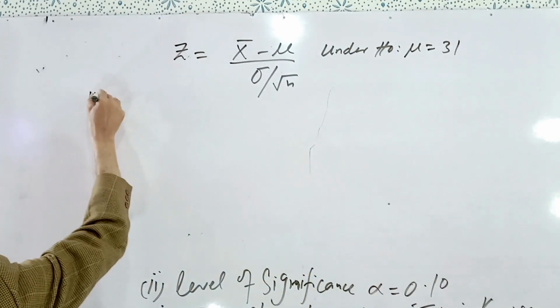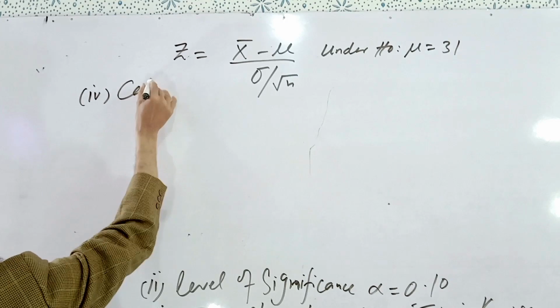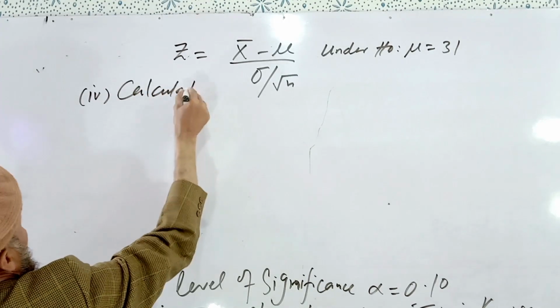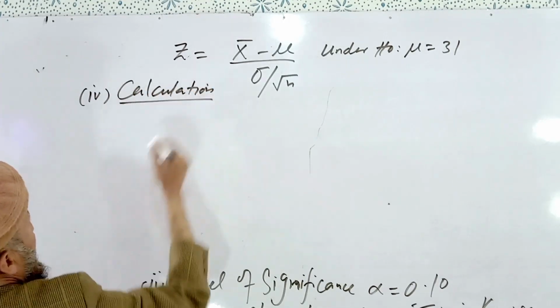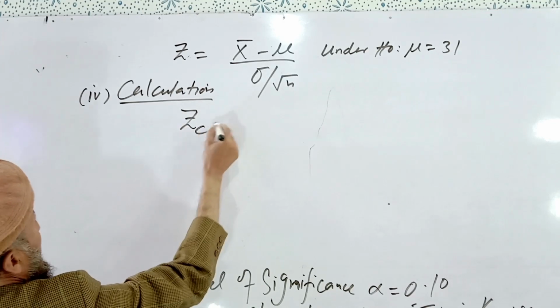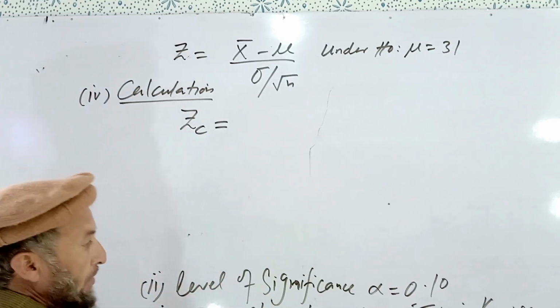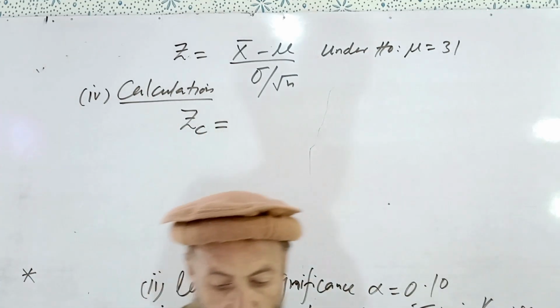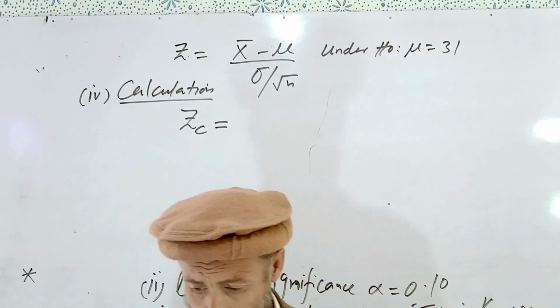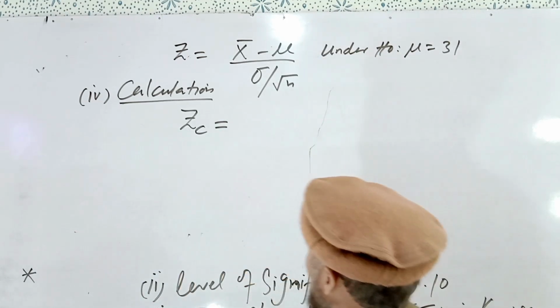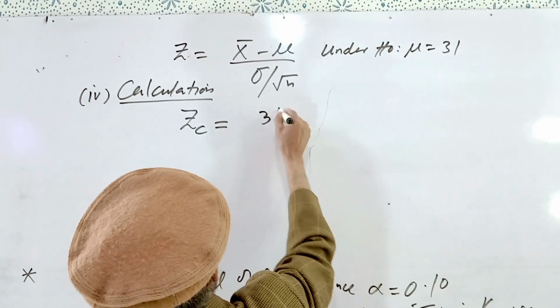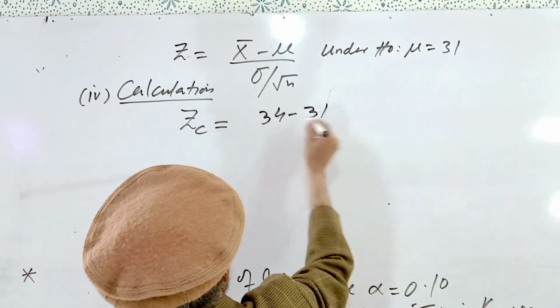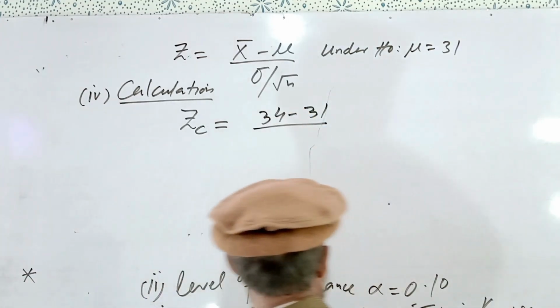So the fourth step is calculation. Zc is equal to x bar, which is already given as 34, minus 31, divided by sigma over root n, where n is 13.